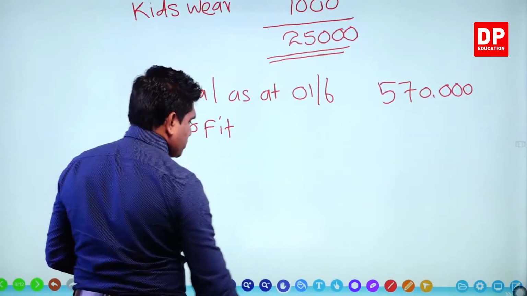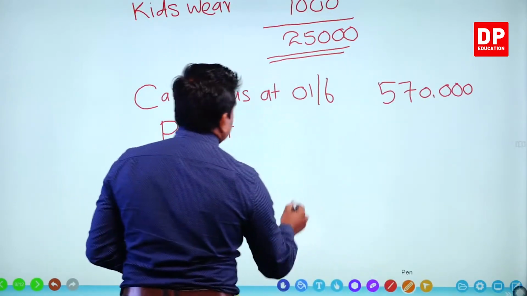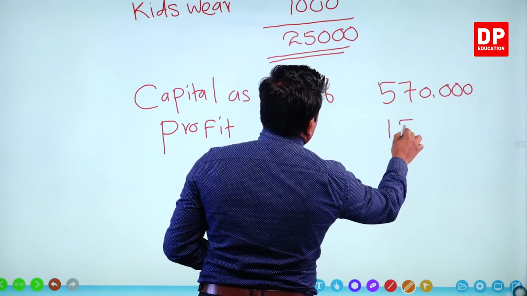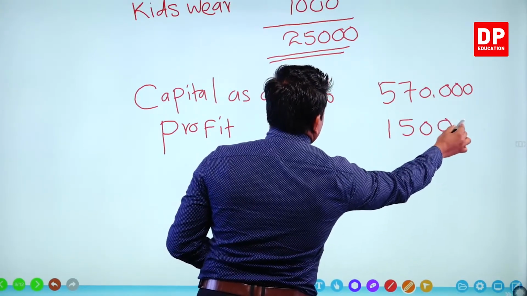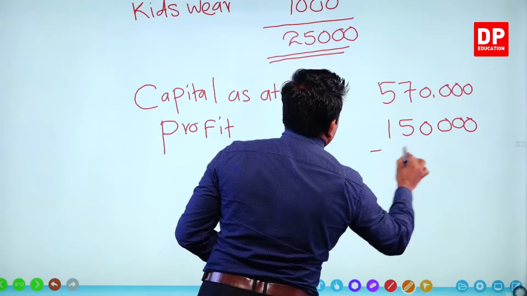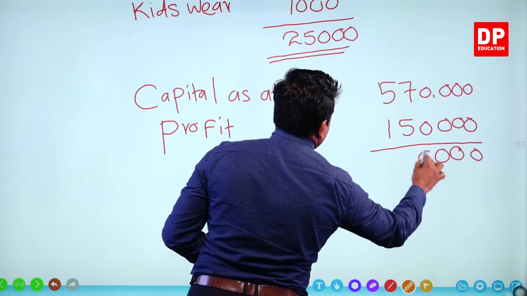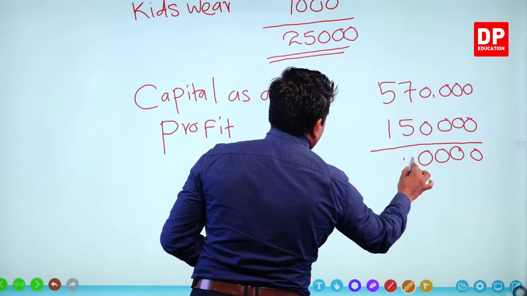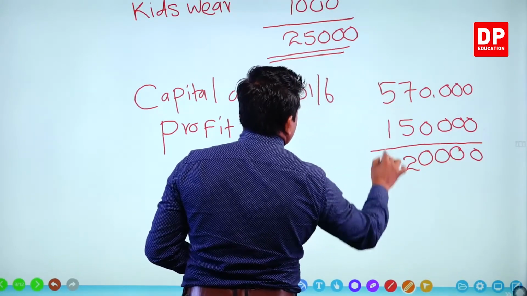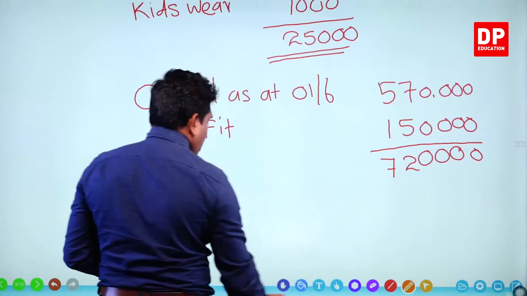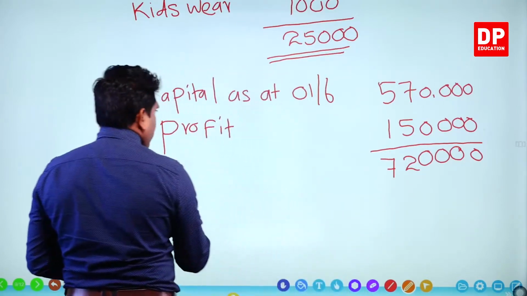Profit 150,000. Then you add these two: 0, 0 and 0, here also 0, 7 plus 5, 12, so 720,000.